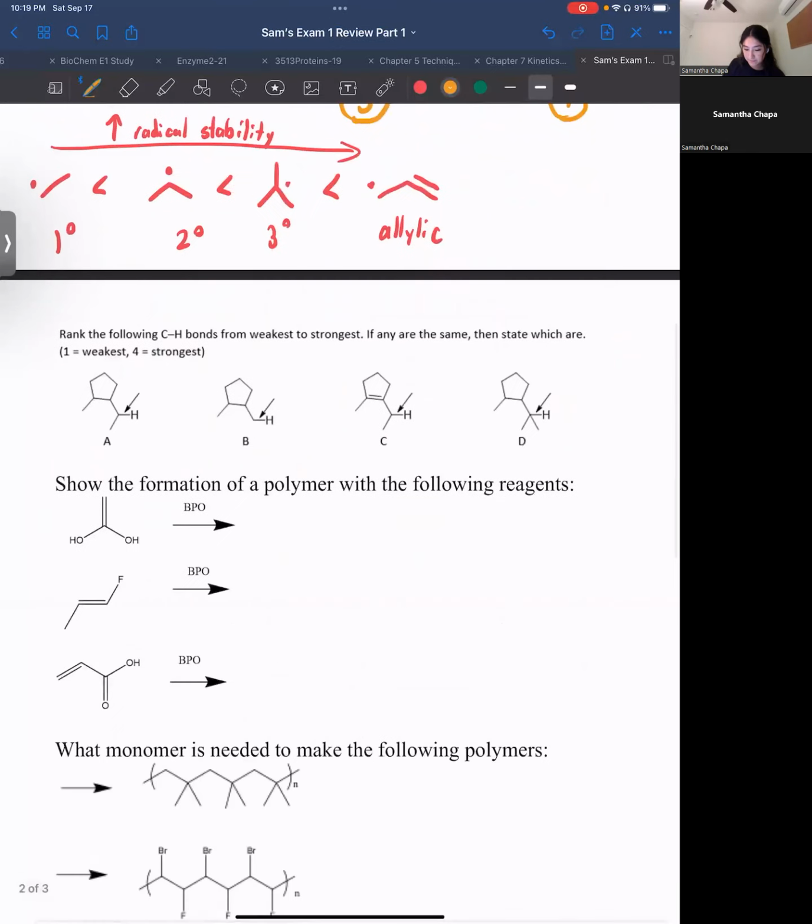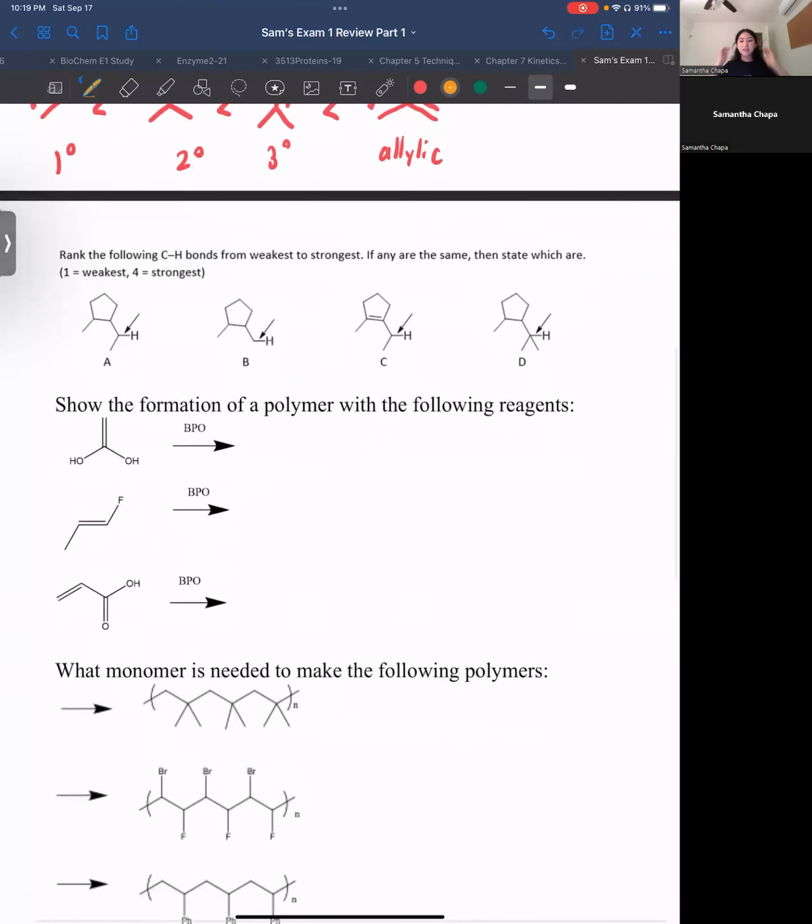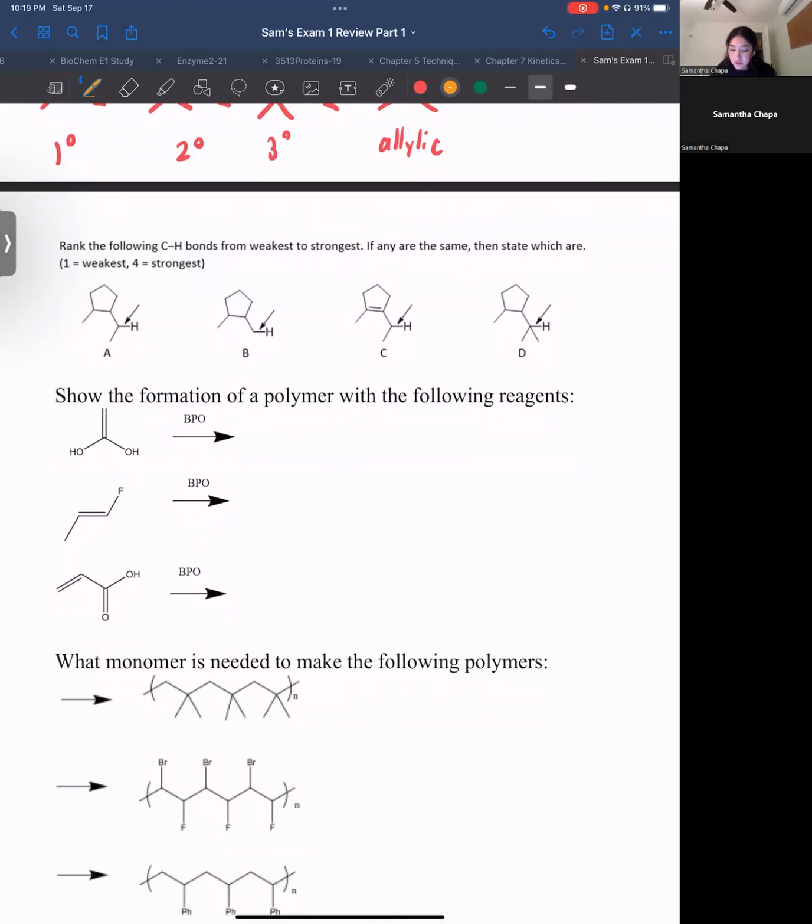Cool. Next one. Rank the following CH bonds from weakest to strongest. If any are the same, then state which are. 1 being the weakest, 4 being the strongest. Okay, so here are my other notes for that one.